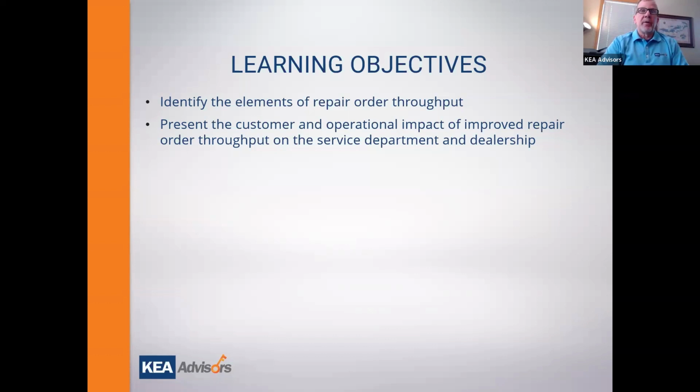Let's talk first of all, though, about why this is so important to the customer. Downtime or lack of uptime is probably the single most expensive opportunity cost or real expense to your customer, the end user. When they can't operate their asset, truck or trailer, it costs them a lot of money.